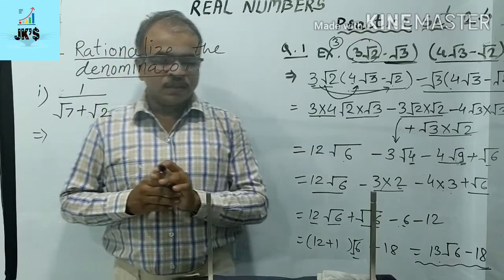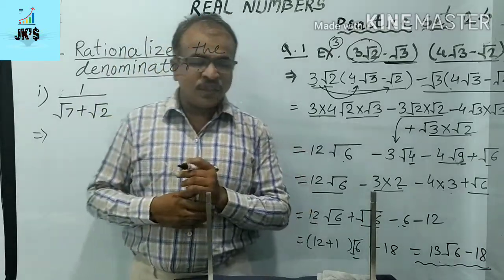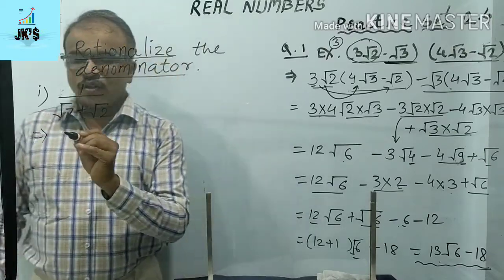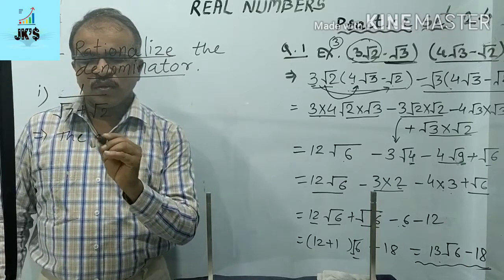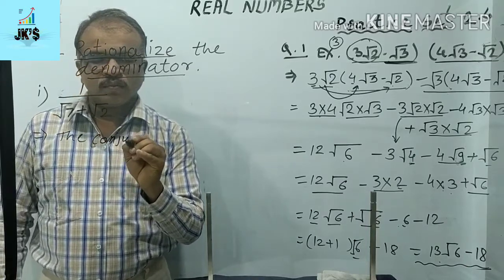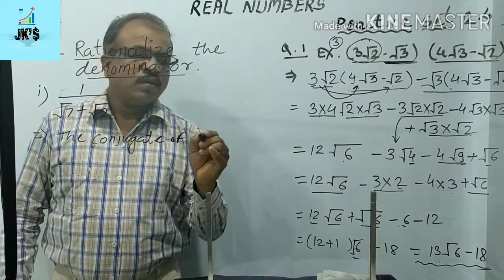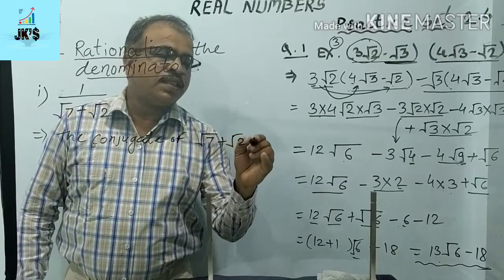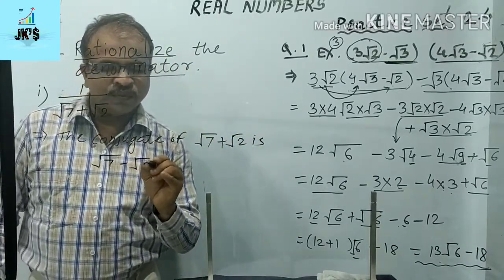So for this we have studied the conjugate pair. What is the conjugate pair of √7 plus √2? The conjugate of √7 plus √2 is √7 minus √2.